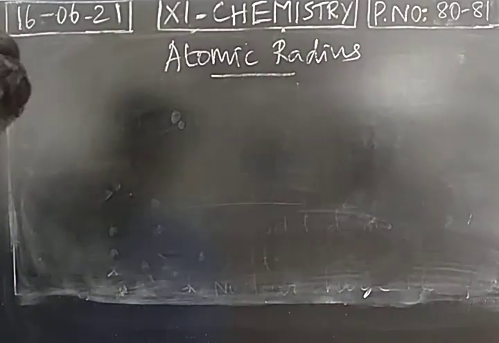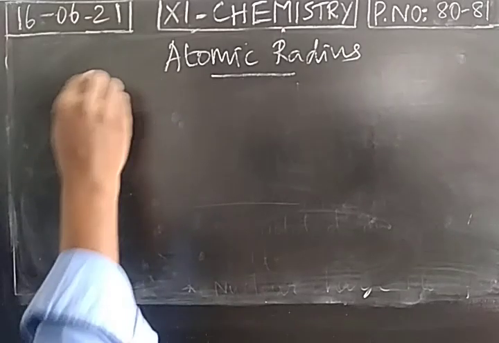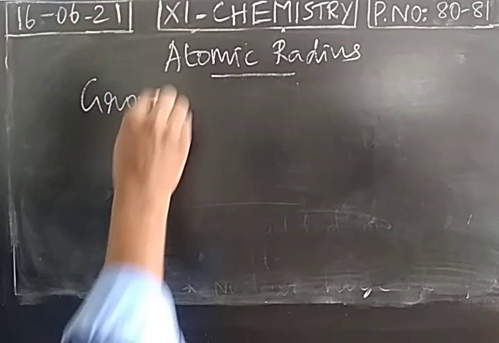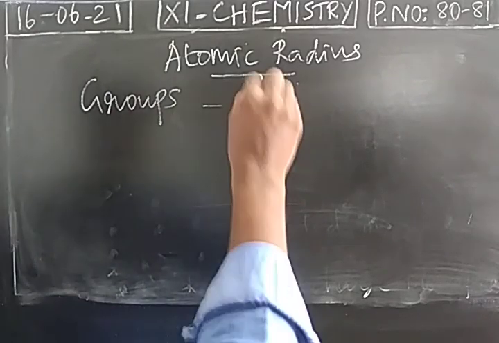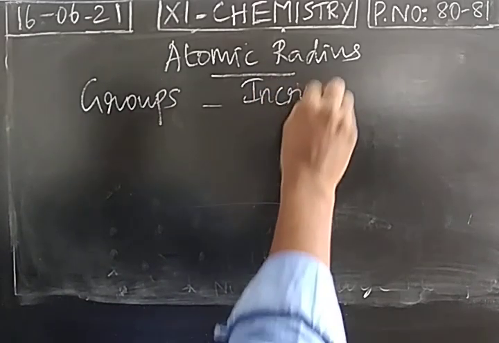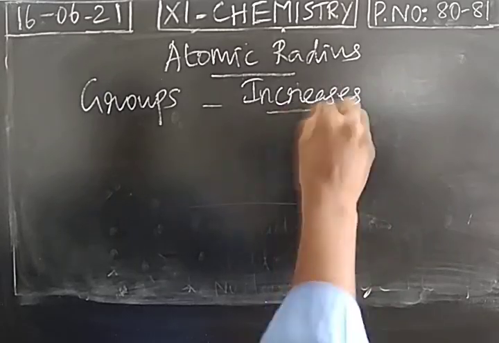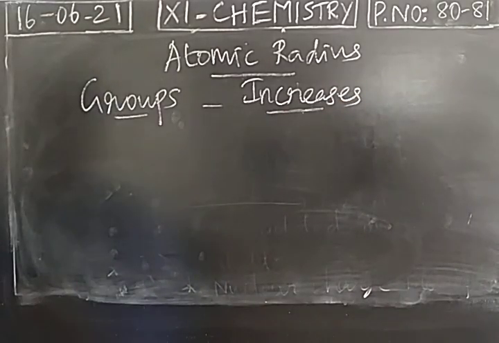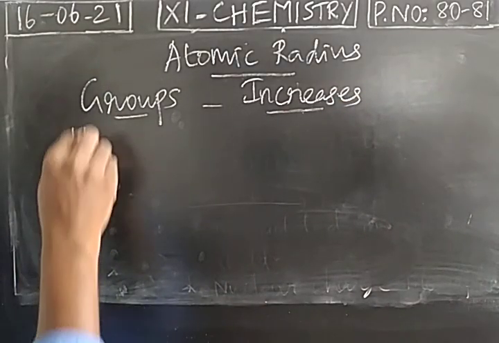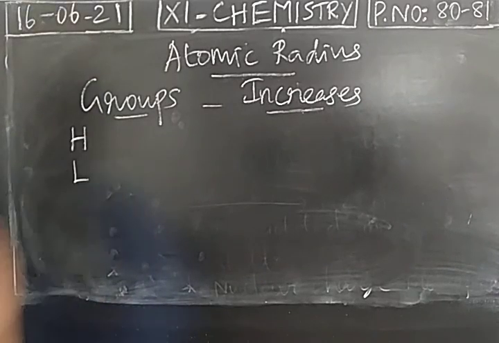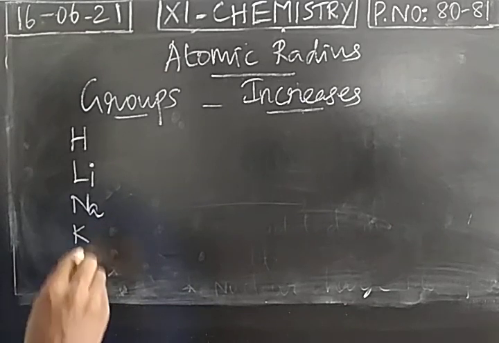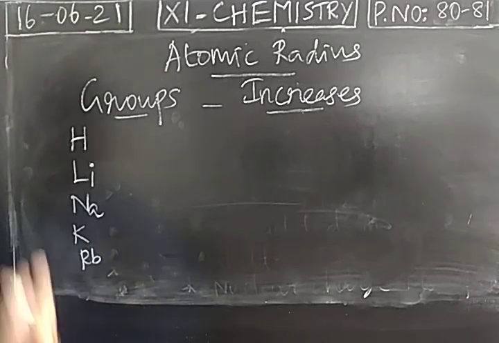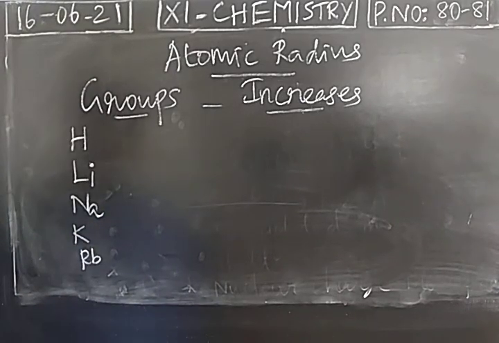Then what about the variation of atomic radius in groups? In groups, atomic radius gradually increases. Consider first group. The elements are hydrogen, lithium, sodium, potassium, rubidium, cesium, francium, like that.